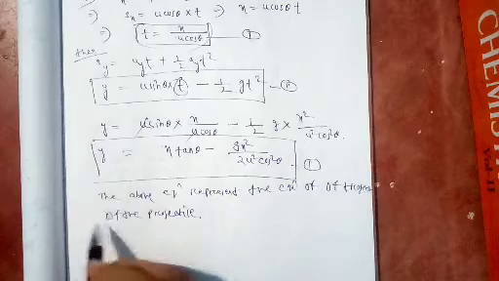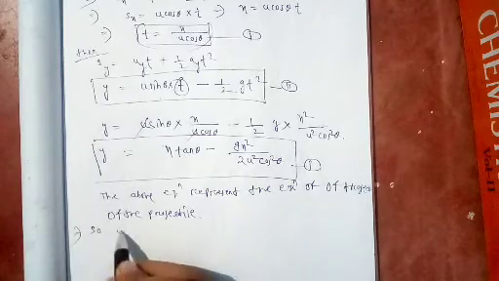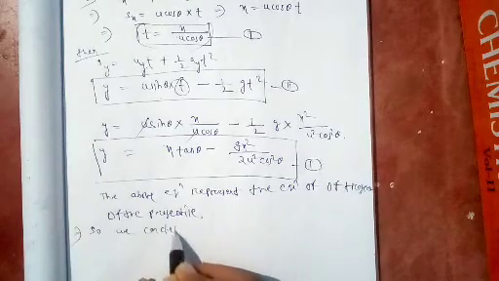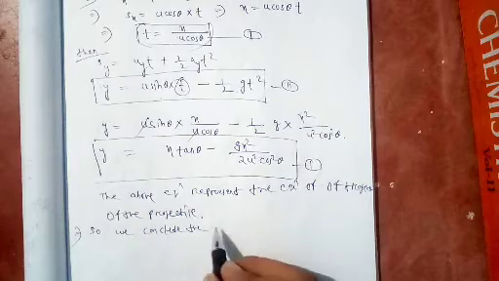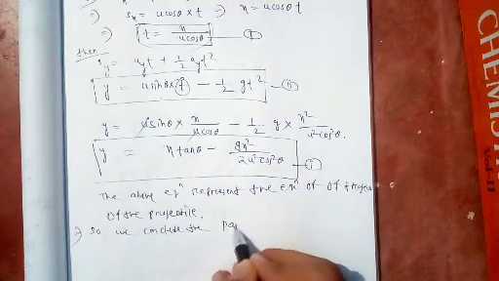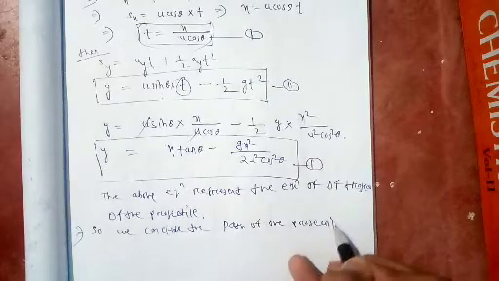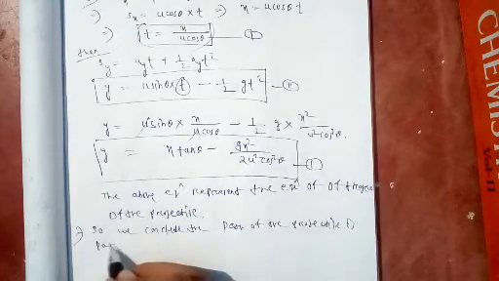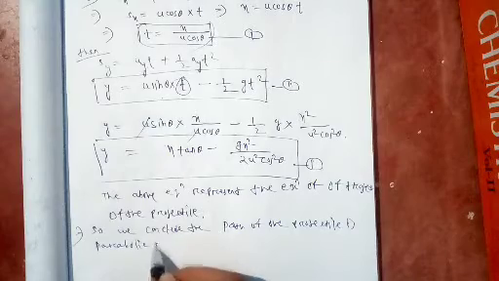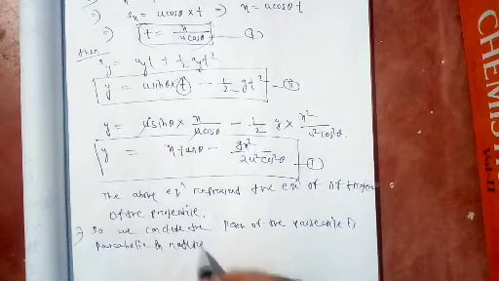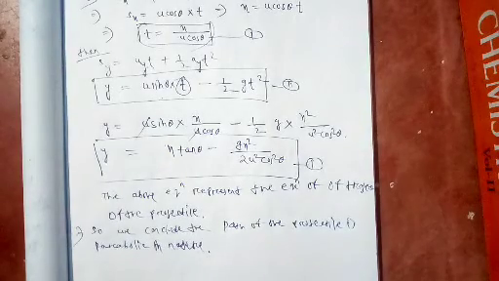Okay, so we conclude that the path of the projectile is parabolic in nature.